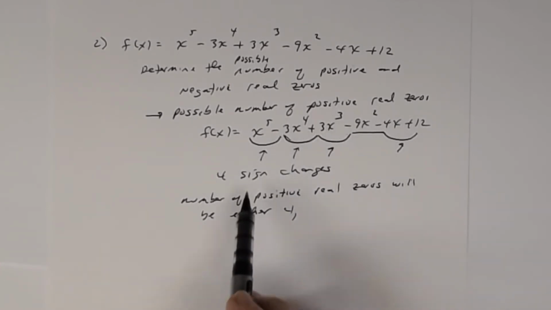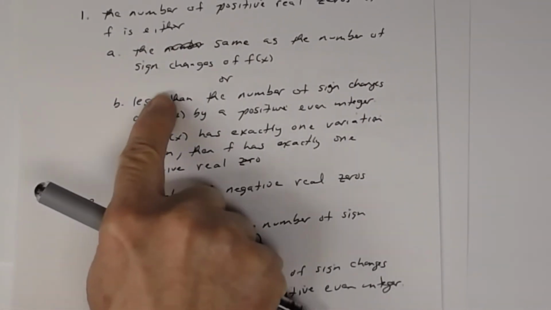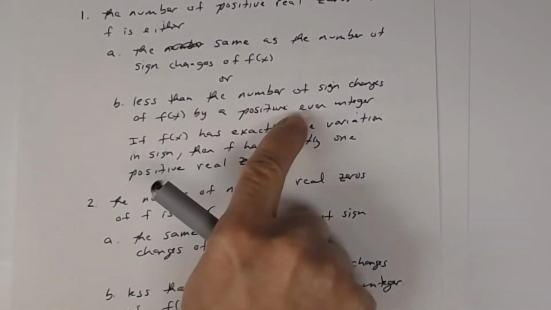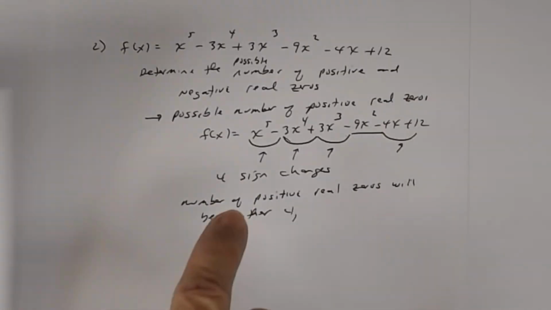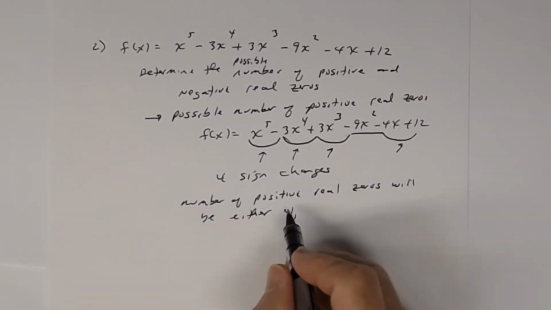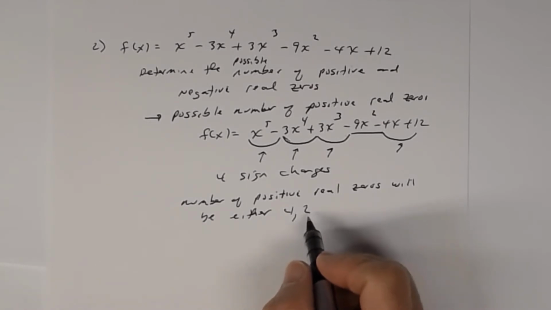All right, so I'm either going to have 4, or the number may be less than that by an even integer. Okay, so what that means is I'm going to have 4. 4 subtract 2 is 2. Now you're going to see in a little while why we subtract 2. It's going to make sense. Why are you subtracting 2? Why not subtract 3 or 1?